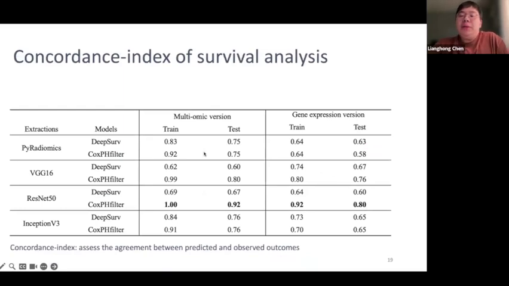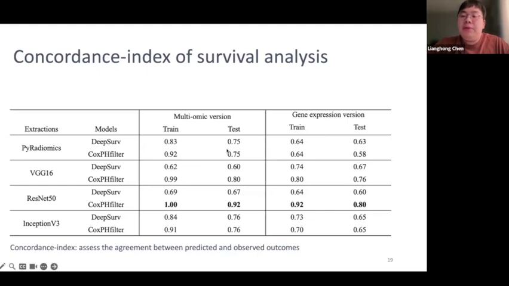We also use the synthesized images to perform survival analysis, similar to the ER positive and HER2 positive subtype prediction. We try 4 methods to extract features of images synthesized from multi-omic data and gene expression data, and then train 2 survival models, which are a deep survival model and a Cox feature model, to predict survival outcomes of patients.